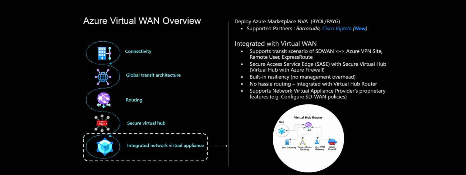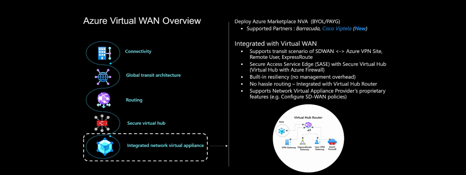And so what this allows is you to have a secure access service edge within your secure virtual hub with the Azure Firewall. You have built-in resiliency, right? No need to set up a VM scale set or a VM availability zone, any of those sort of traditional infrastructure requirements. Routing is all controlled through the traditional virtual WAN routing method.